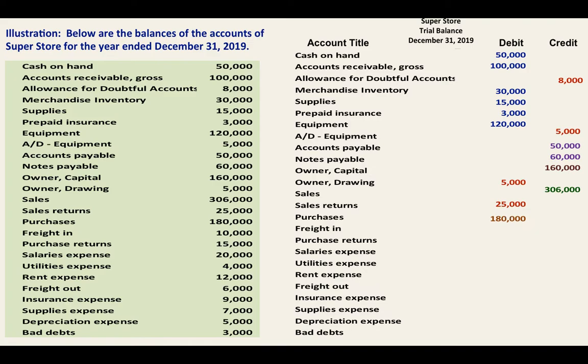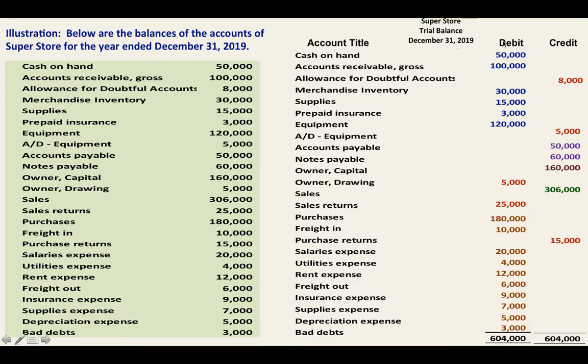Freight in is debit. Purchase returns is a contra account of purchases, so it's credit. And all expenses will have a debit balance, and part of the expenses is your freight out. If you have done it correctly, you should have a balanced trial balance. Okay, so let's move on.